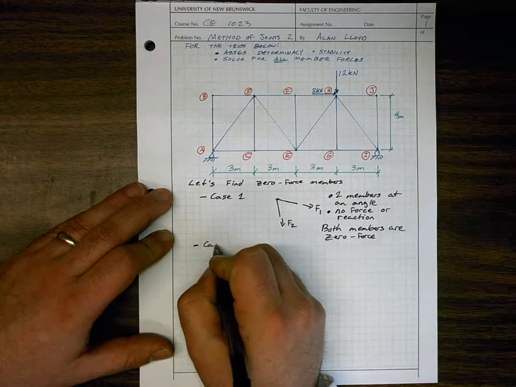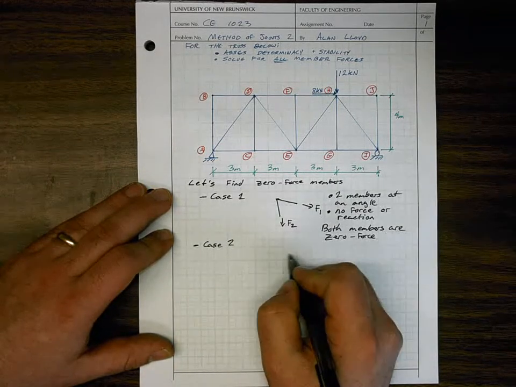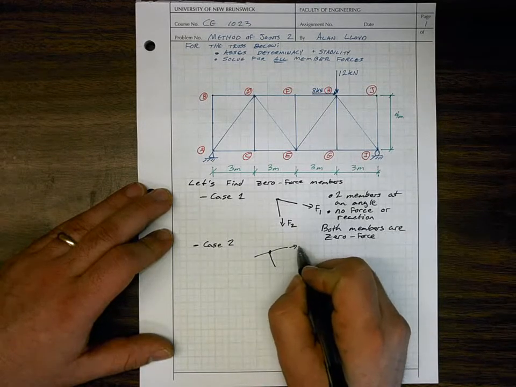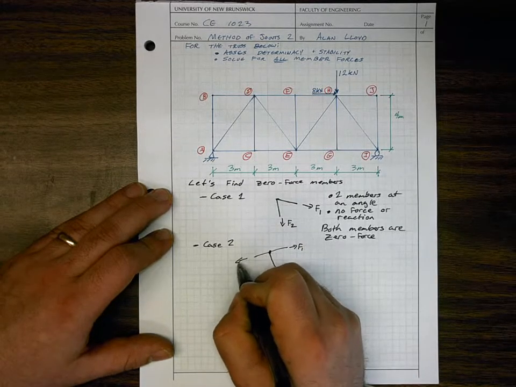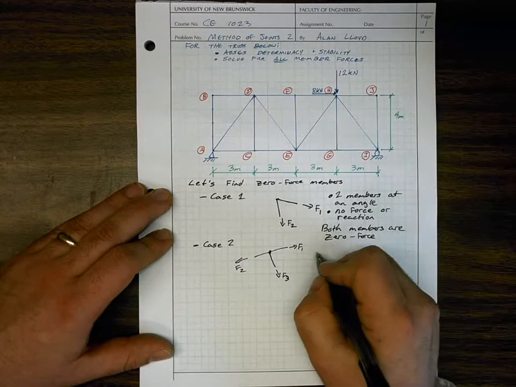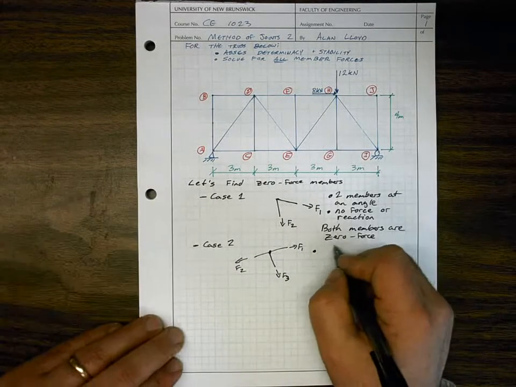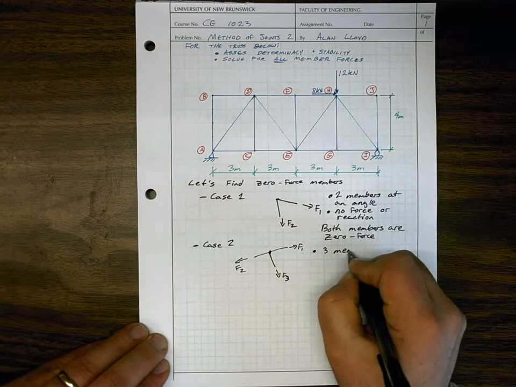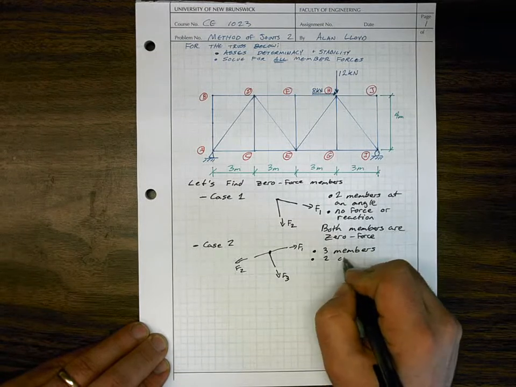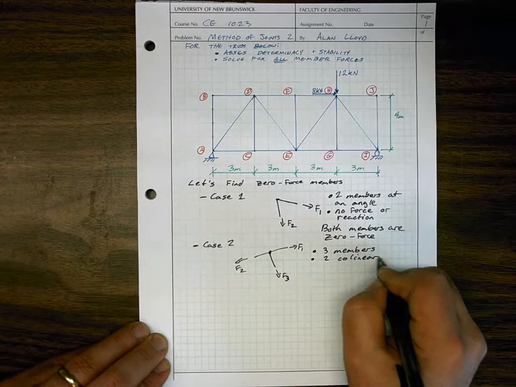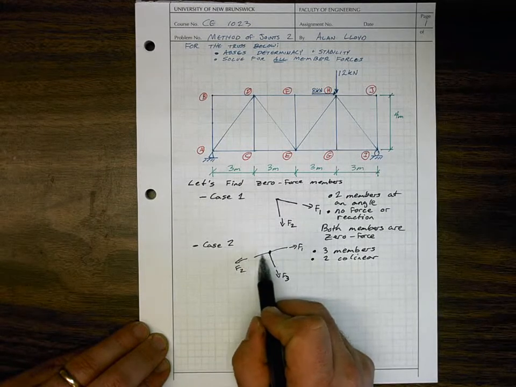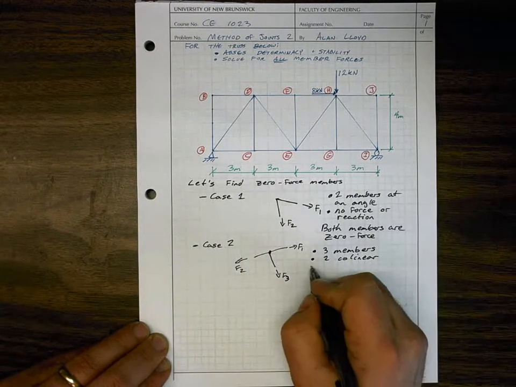For case 2, we identified where we had a joint and three members framing in. In this case, we had these three members, two of which were collinear. In other words, they are going in the same direction. Here we have member 2 and member 1 going in the same direction.